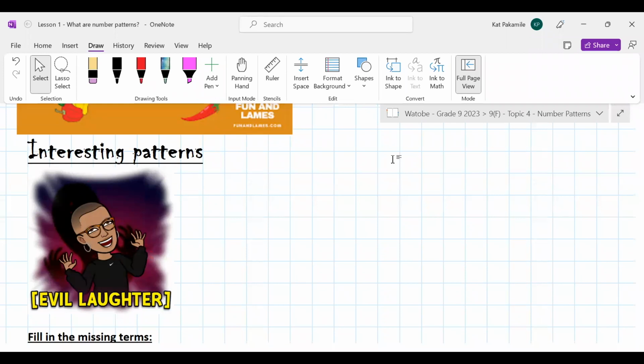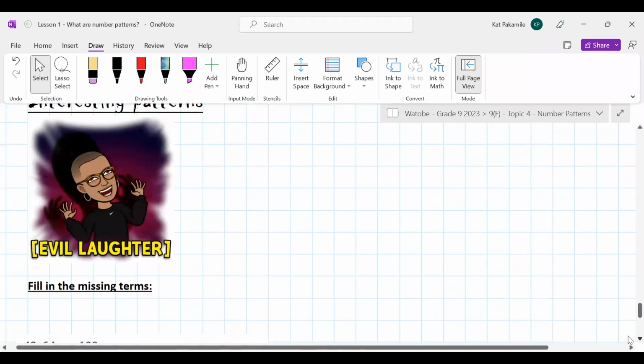You know how much I like using my emojis. But anyway, we will bite our tongues. Please, I beg of you. I really like these riddles, guys. Let's move on.